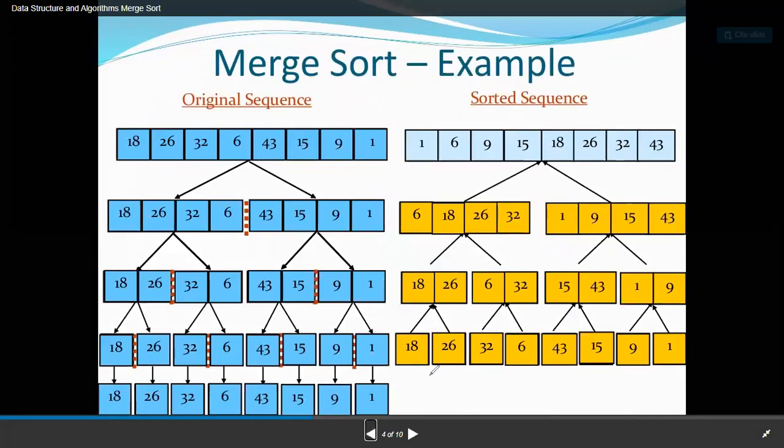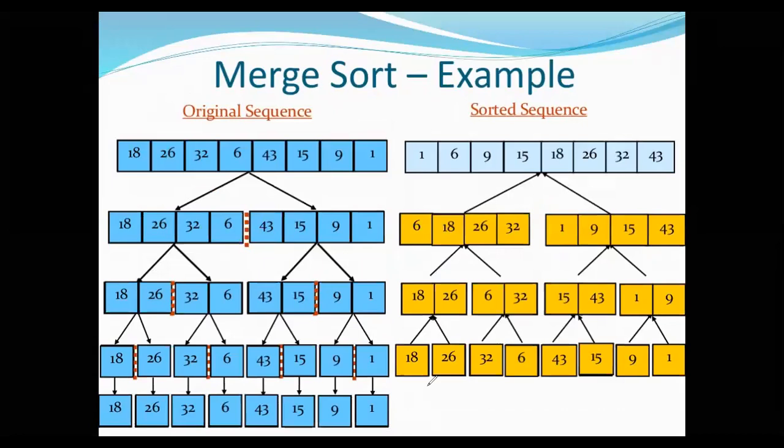If I ask you how many comparisons we need, you will say, sir, in the last step I need 8 comparisons, then here I need 8 comparisons, and here again 8 comparisons.